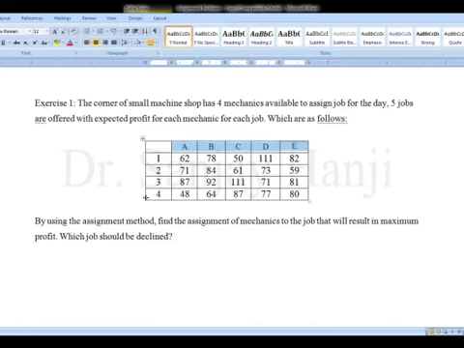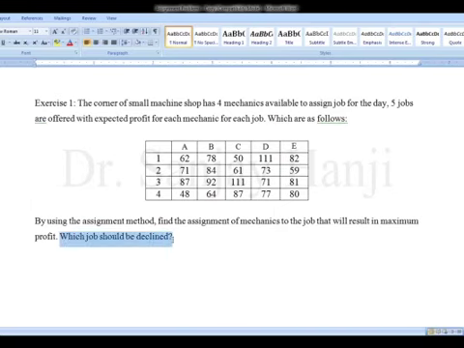So when this is not equal, this is called an unbalanced assignment problem. So when there is an unbalanced assignment problem, you will take a dummy row. When you are taking a dummy row, your 5th job you will get here. That job in the final assignment you have to decline. That's it. So basically this is a profit matrix. Let us see how to convert this profit matrix into a loss matrix.